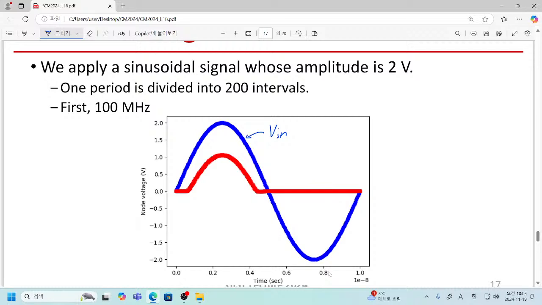Wow, now you can see that although we have applied just a simple sinusoidal one which has only a single frequency component, due to the non-linearity, our output signal, the red one, has this kind of behavior.